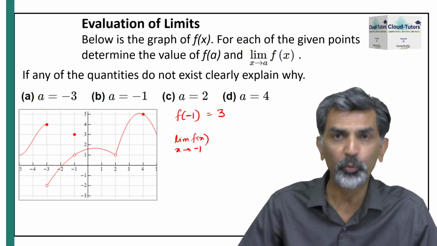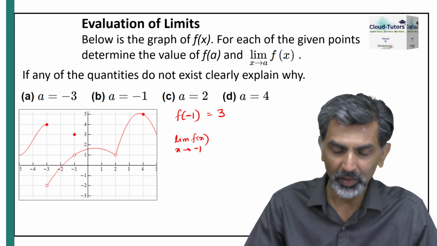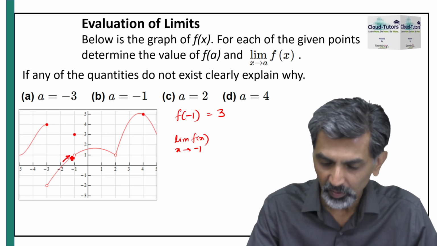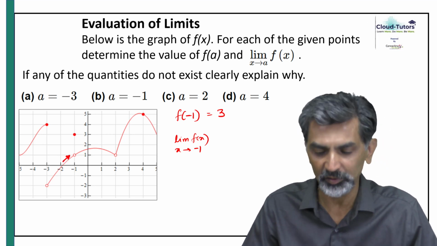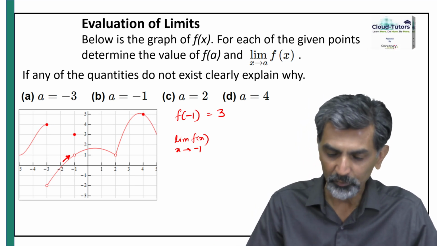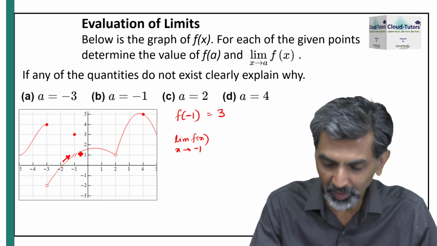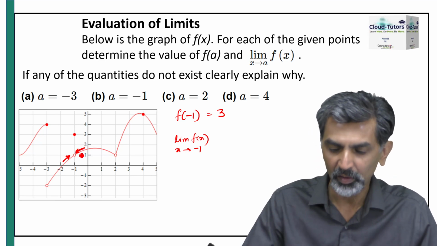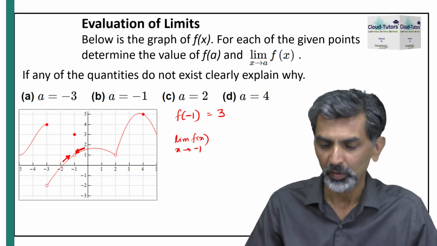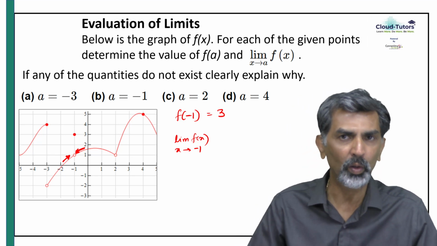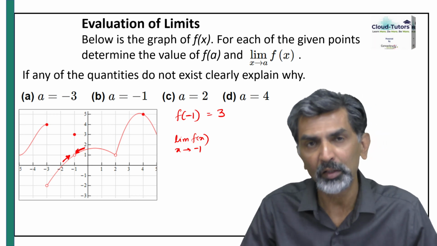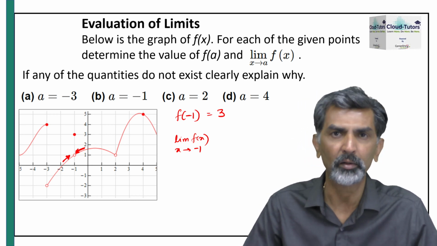Now what happens when you approach x is equal to negative 1 from the left hand side and the right hand side? When you approach x is equal to negative 1 from the left hand side, the value of f of x approaches 1. And when you approach x is equal to negative 1 from the right hand side, even then the value of the function approaches 1. So whether you approach x is equal to negative 1 from the left hand side or from the right hand side, you can see from the graph that the value of the function approaches 1.